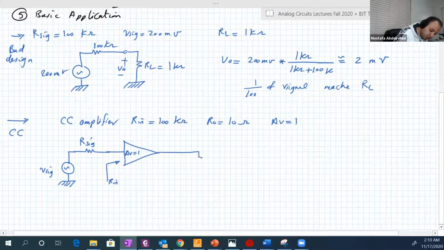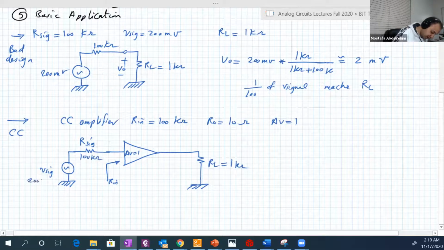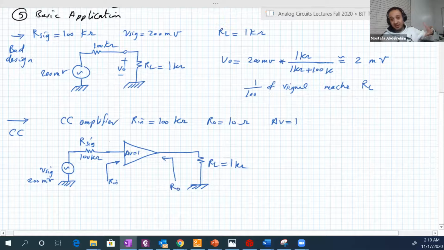Then at the output, we connect the load, which is 1 kilo ohm. And here is 100 kilo ohm, and this is 200 millivolt. And the load sees RO and, of course, the magnified signal. Of course, there is no amplification here, just 1.